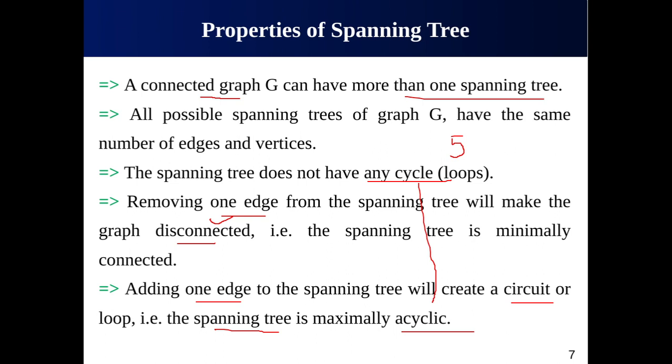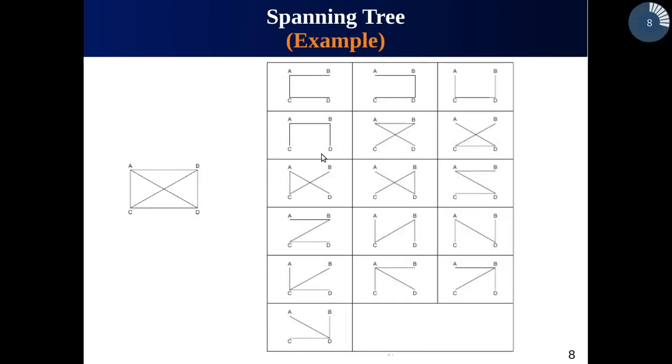So in summary, the spanning tree of a graph is a connected, undirected graph with no cycles and no loops. So it is actually a graph G, which you can represent with vertices and edges. The spanning tree here is a connected subgraph with no cycles, and all the vertices of the tree are covered or connected.